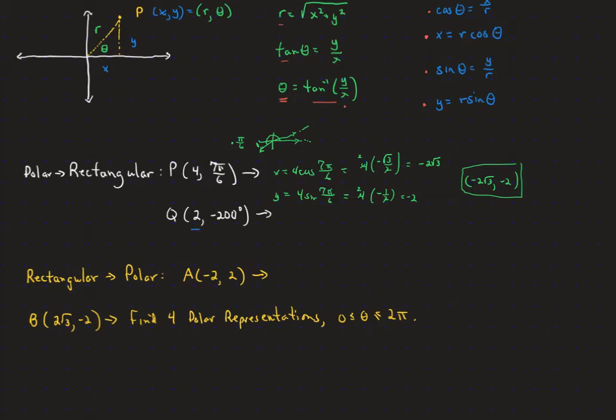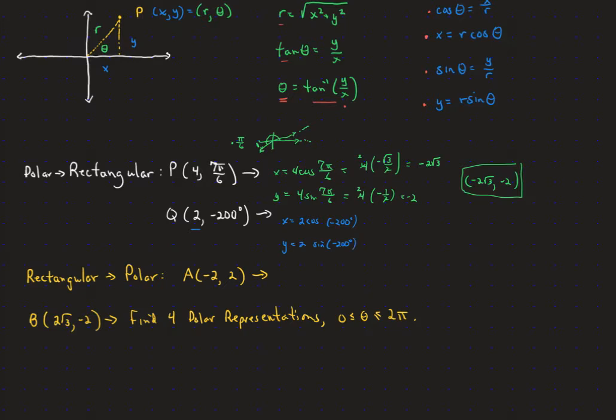Now the next one, we can see that we are in degrees for a q. We still are going to do the same thing. The x value is going to be 2 cosine of a negative 200 degrees, and the y will be 2 times sine of negative 200 degrees.